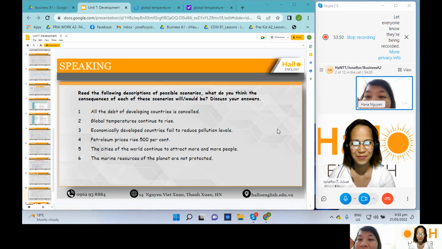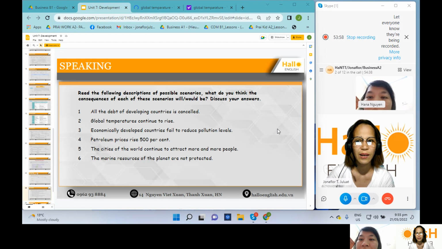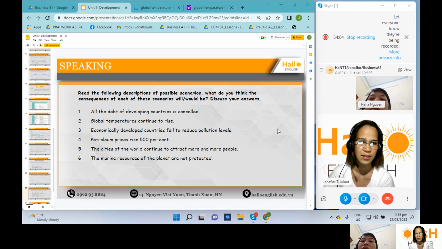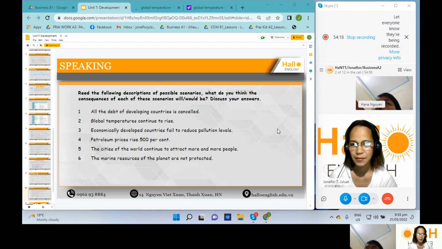Economically developed countries fail to reduce pollution levels. What will happen if economically developed countries fail to reduce pollution levels? What is the consequence?